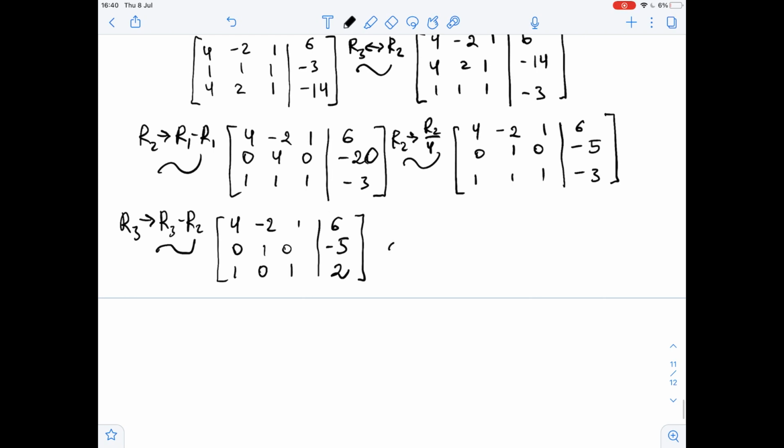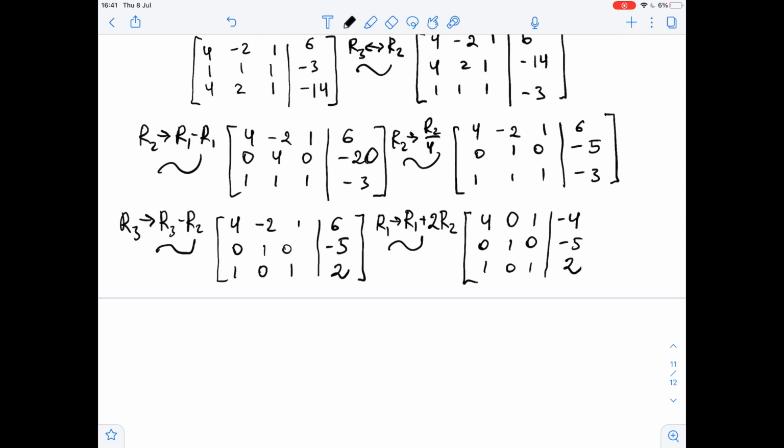Our next step is to multiply our second row by 2 and add it to the first row. So row 1 becomes row 1 plus 2 times row 2. Here we get 4, 0, 1, then 6 plus negative 10 is negative 4.